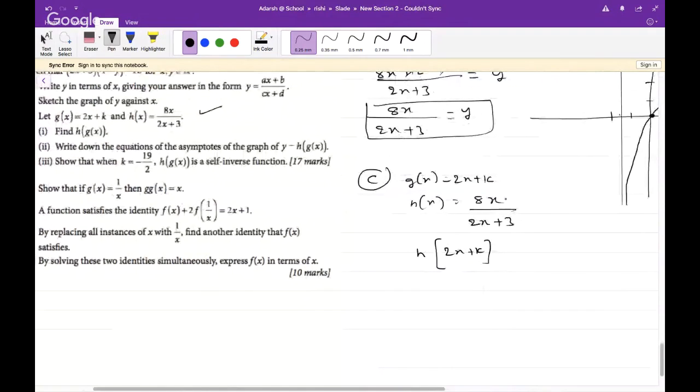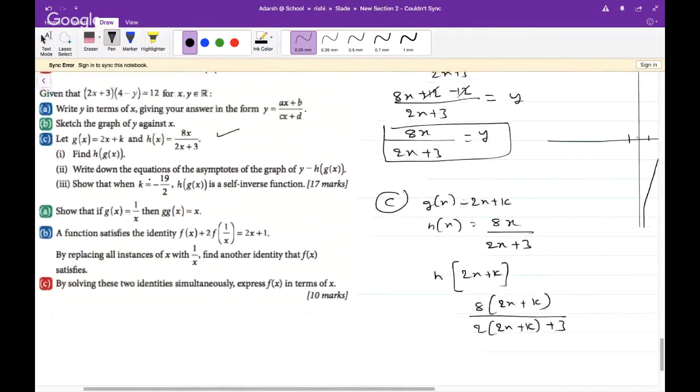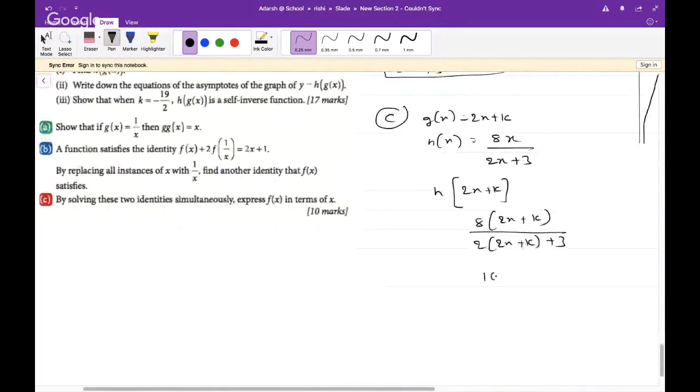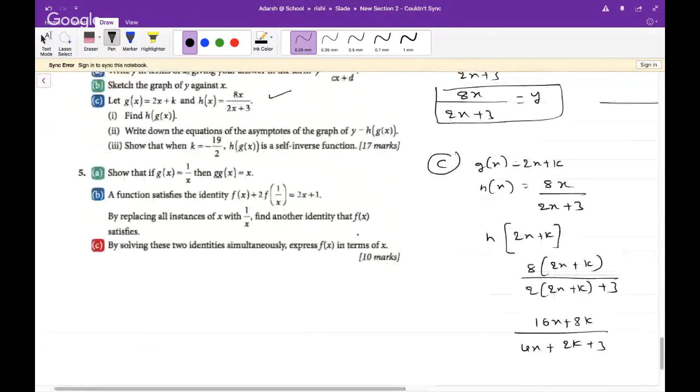Now take this and substitute in the place of x. So 8 into (2x plus k) divided by 2 into (2x plus k) plus 3 is your h of g of x. Open this. So I have 16x plus 8k divided by 4x plus 2k plus 3. So this is your h of g of x.